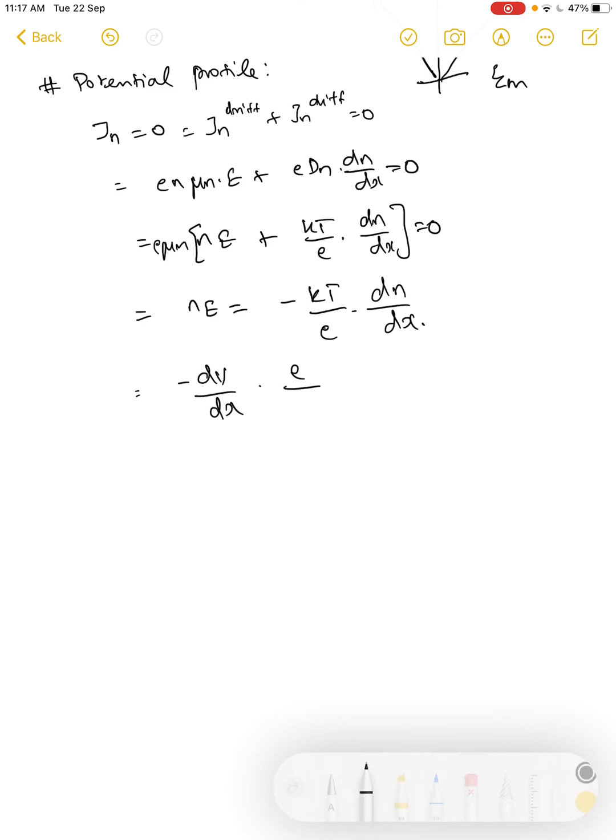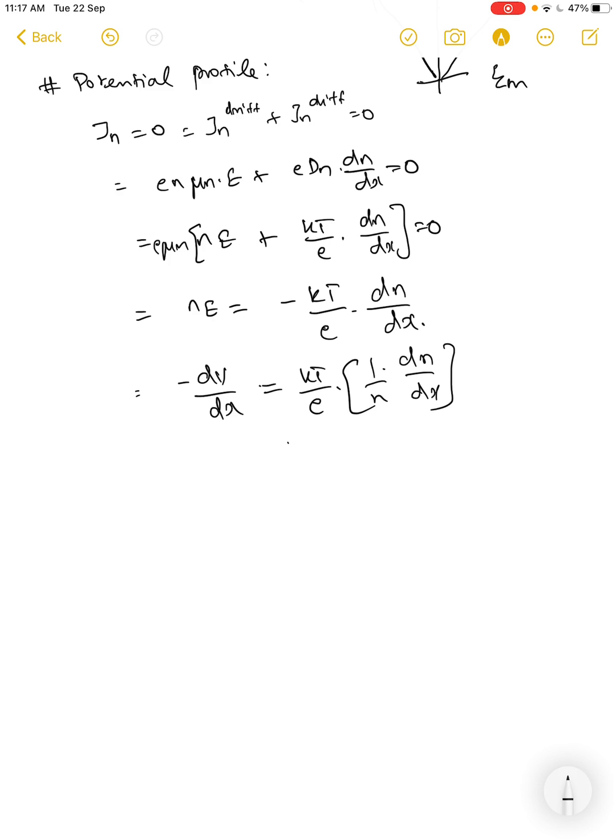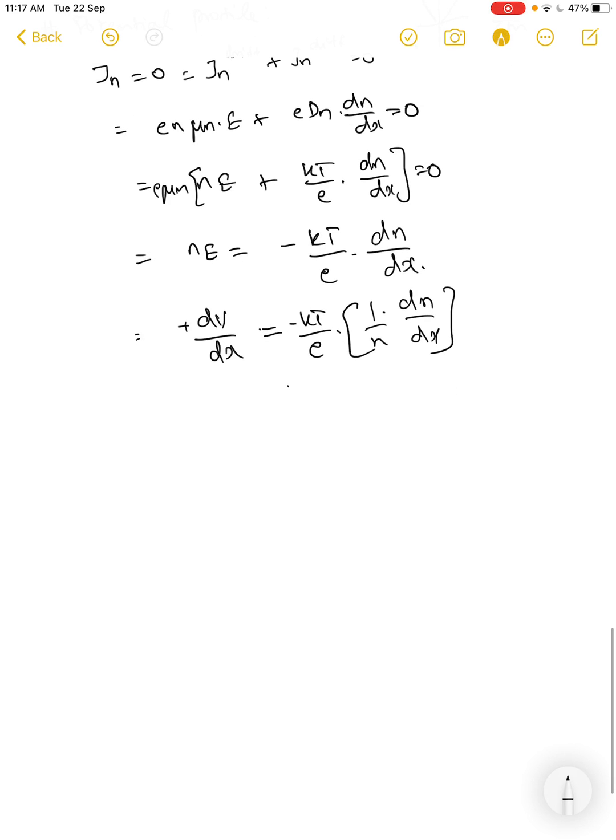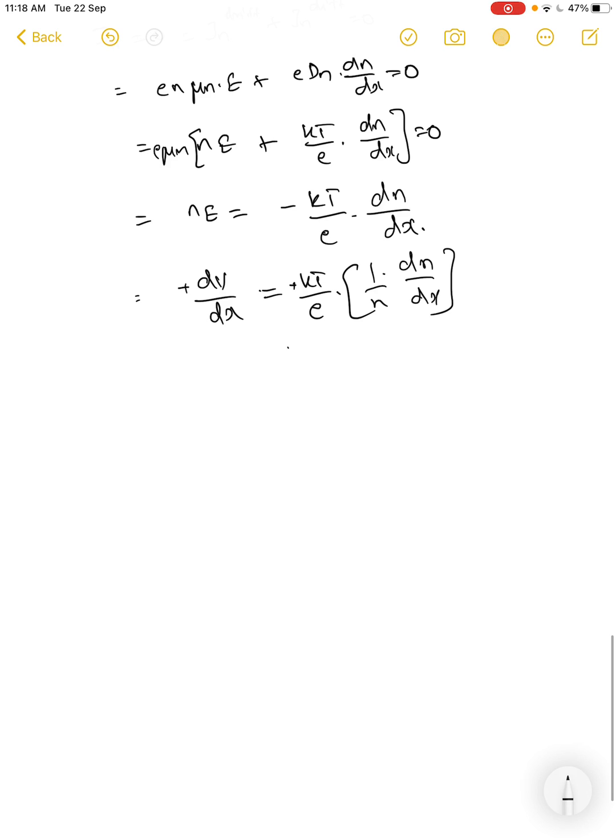Let me keep kT by e on the other side, which will be kT by e dn by dx times 1 by n. Now I can take the negative off on both sides, and if I integrate, dV will give me kT by e integral of 1 by n dn.